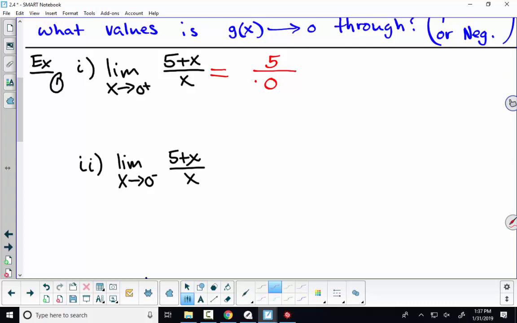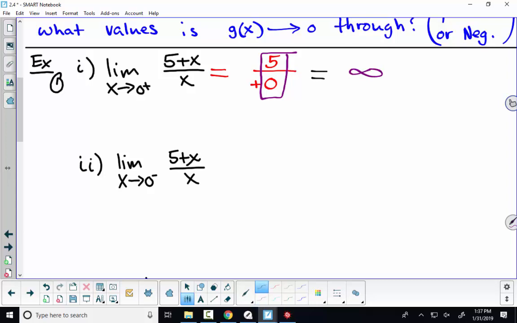So this is not really a universally agreed upon notation. But in the sense that the numerator is getting closer and closer to 5, and the denominator is getting smaller and smaller through positive values, this part right here is telling us that the overall quotient is approaching infinity.